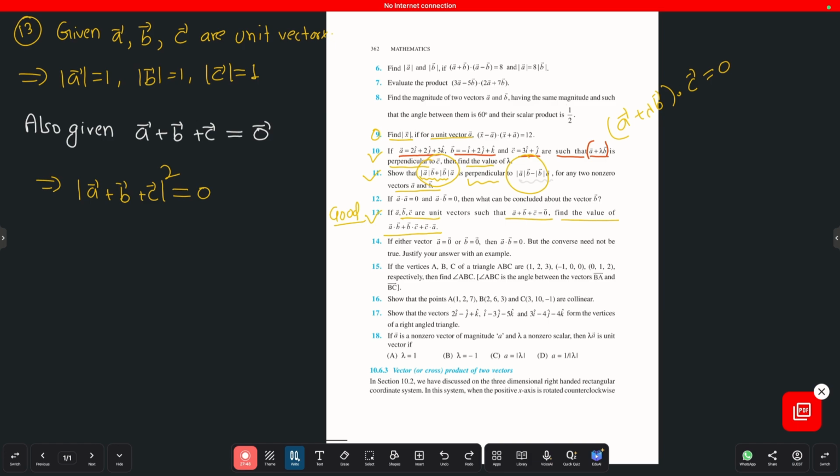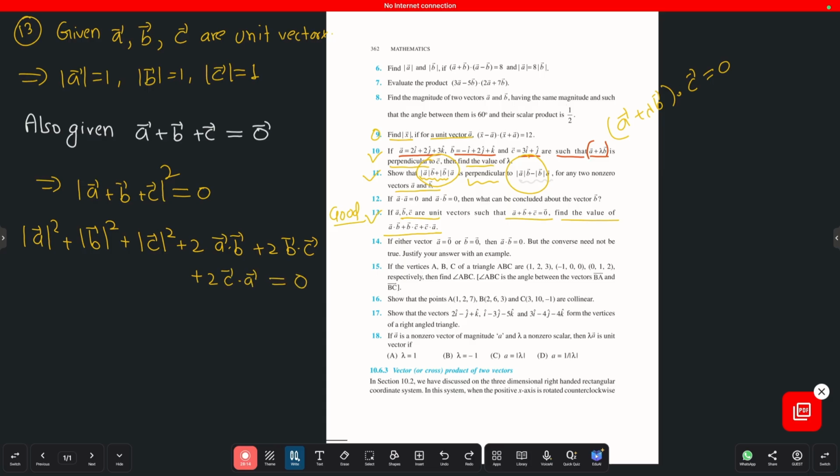Whenever BC, we will write B dot C. So this formula is mod A square plus mod B square plus mod C square, plus 2 A dot B, plus 2 B dot C, and plus 2 C dot A, equals to 0.